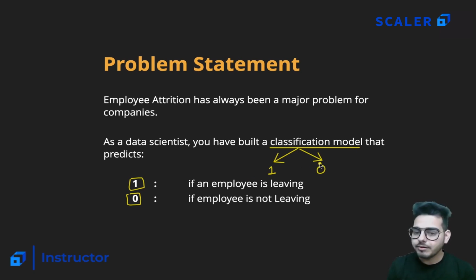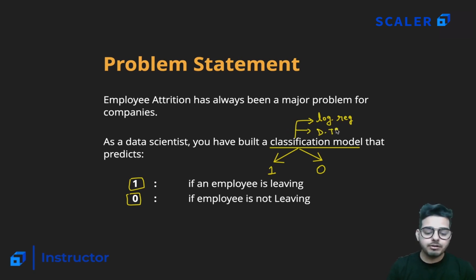In this video, we will not talk about how to build this model. You can check out other videos on the intuition of logistic regression and decision trees. There can be multiple classification models you can use, for example logistic regression or decision trees.